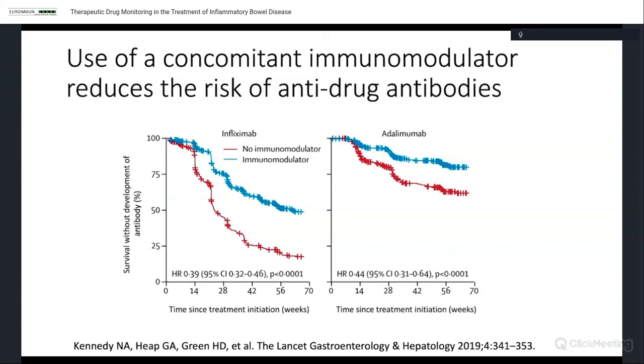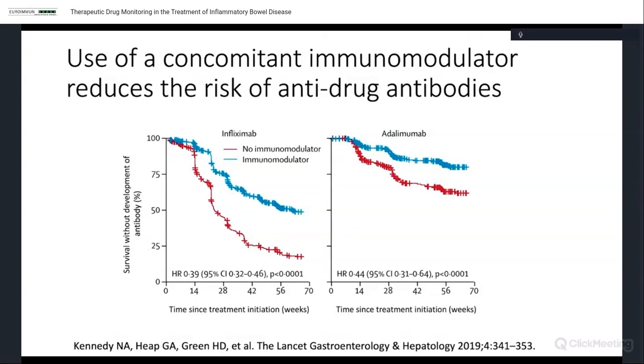Now, I'd like to come back for a moment to the concept of immunogenicity in anti-drug antibody development and introduce the concept that we can use another drug, namely an immune modulator drug like methotrexate or azathioprine, to reduce the risk of anti-drug antibodies.